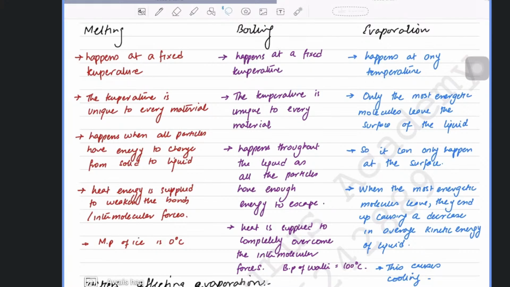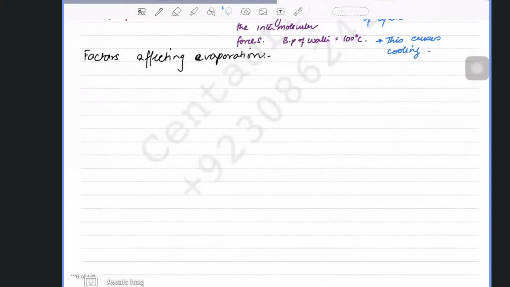Okay. Very nice. Let's go now to the next thing. So then we need to discuss the factors that affect evaporation in general, right? The factors that affect evaporation are mainly 4 of them.